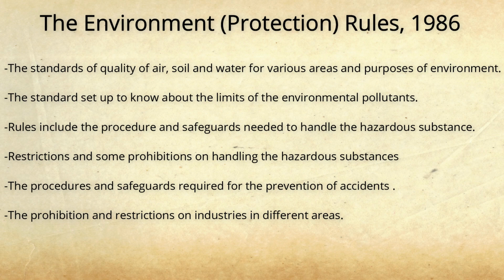Furthermore, they safeguard the need to assess hazardous substances and restrict substances which are hazardous in nature. They also give remedies for better controlling of environmental pollution, look into the location of the various industries, and provide for the prohibition and restriction of industries in different kinds of environments or areas.